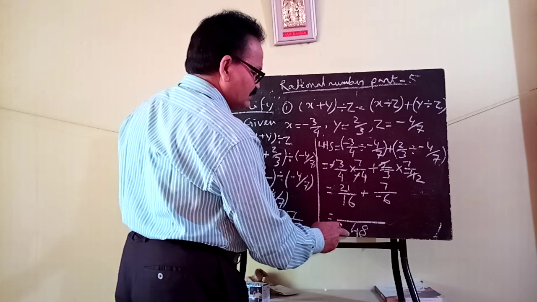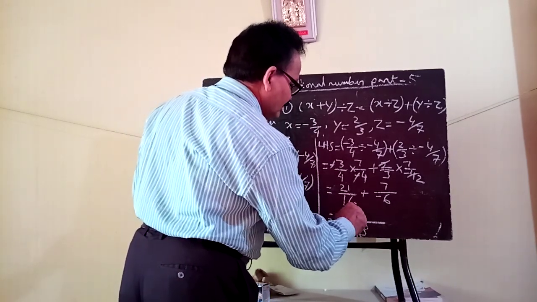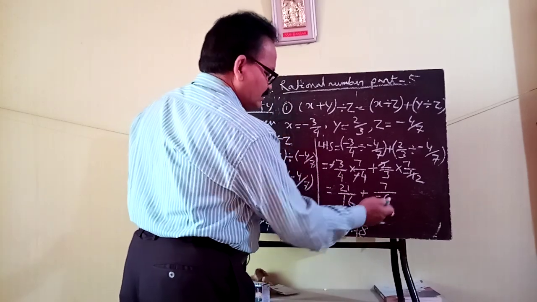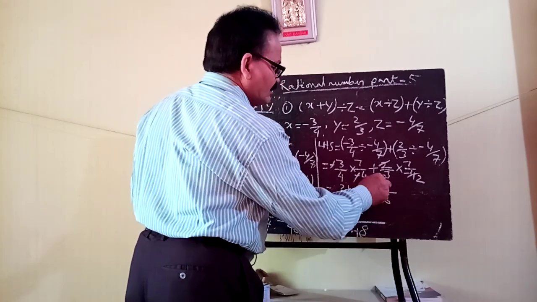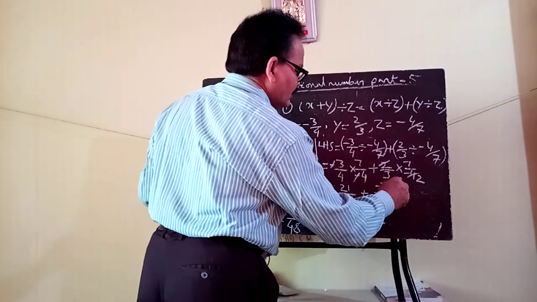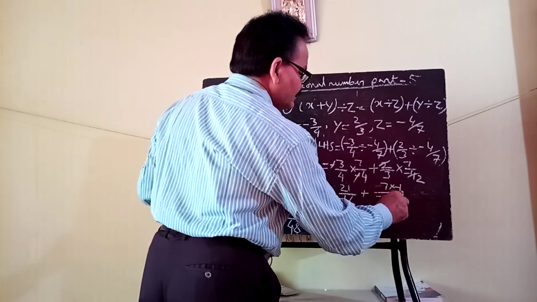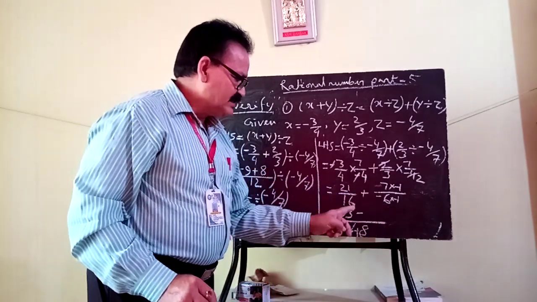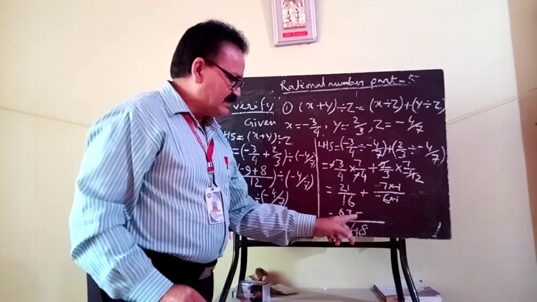What will happen? 16 times 3 is 48 and 21 into 3 is 63. And when 6 is divided by 48, put a minus sign because this minus will become plus after multiplying minus 1 into minus 1. So here it will become plus 6. 6 times 8 is 48 and this will become minus 7.